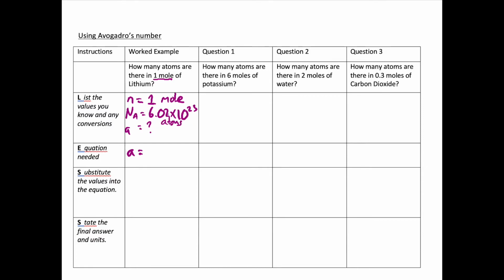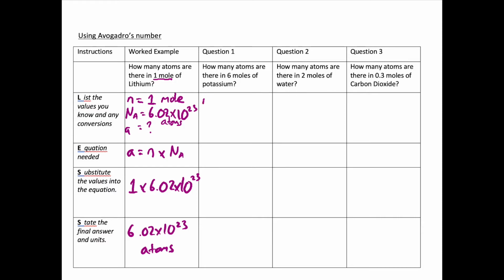So in 1 mole, we have 6.02 times 10 to 23 atoms. So we're going to be doing our number of moles times our Avogadro's number. So in substituting that into the equation, we're doing 1 times 6.02 times 10 to the 23. And so that comes out to be 6.02 times 10 to the 23 atoms. Pause the video whilst you have a go at question 1.